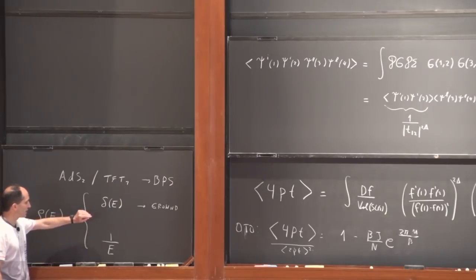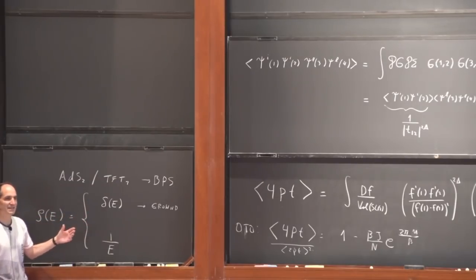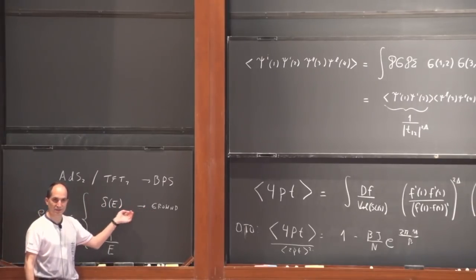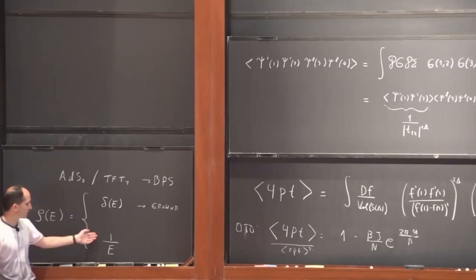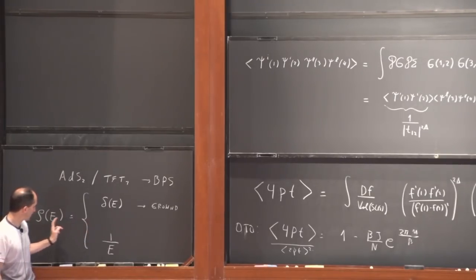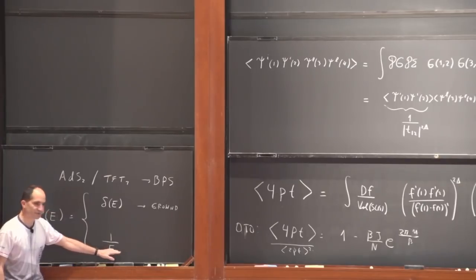And so here what we are trying to see is that, imagine the relationship was true, and we're trying to guess what the density of states of that dual quantum mechanical theory would be. You could have a term like this, and that would describe only ground states, so completely degenerate states. Or you could have a term like this, and in this case, the integral over energies would diverge for very low energies.